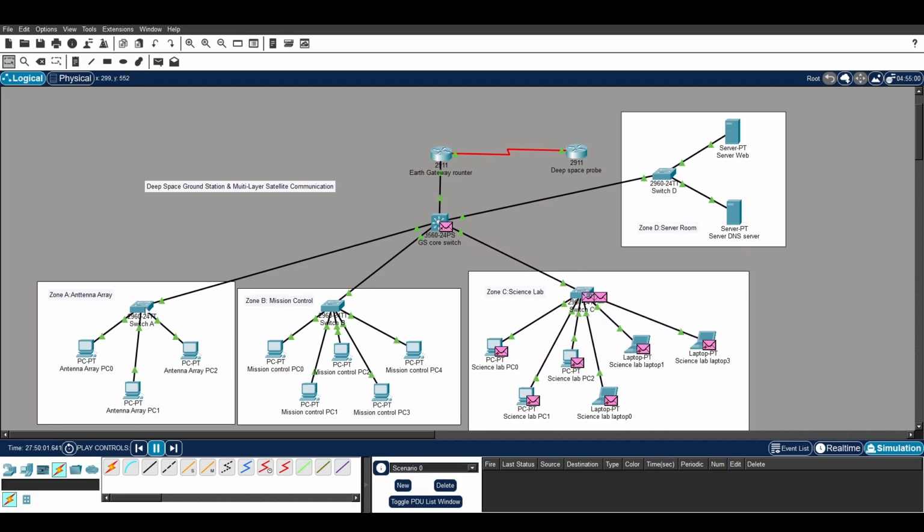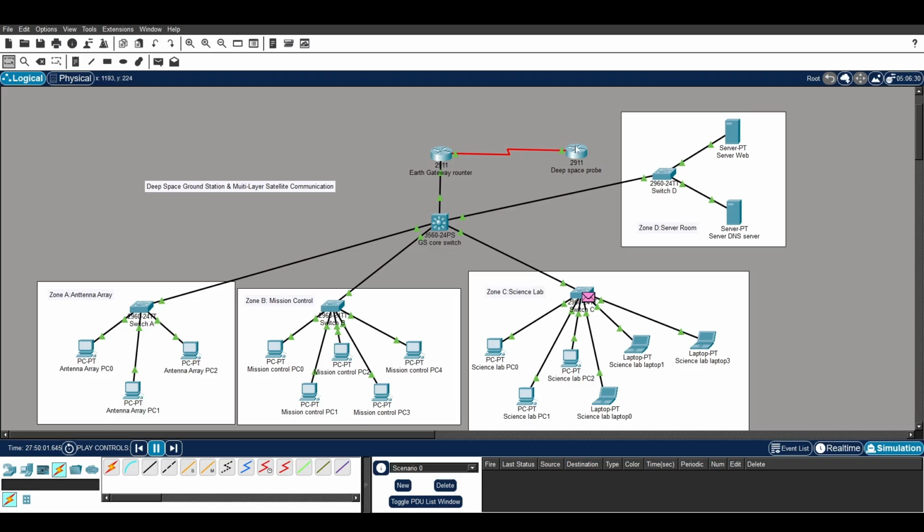Zone A represents VLAN 10, B is for 20, C is for 30, D is for 50, and outwards for the Earth gateway router is VLAN 100. So this is how the system is working.